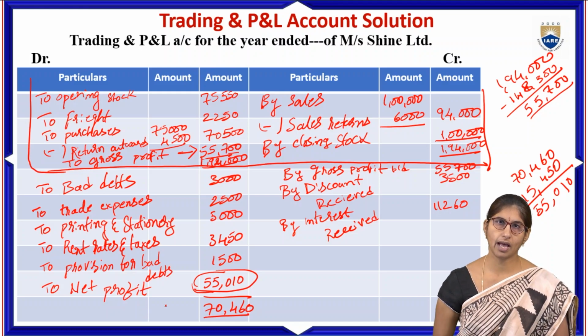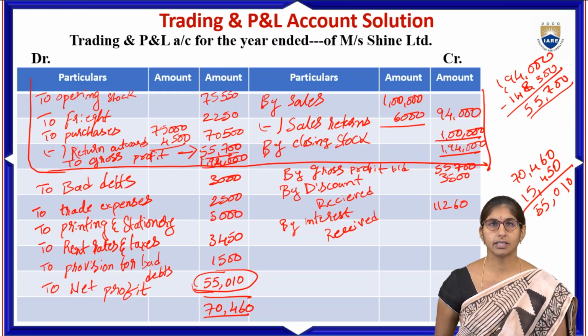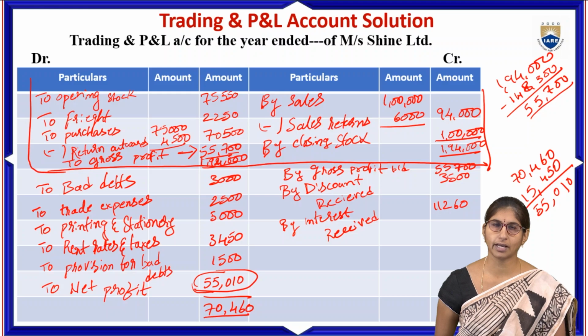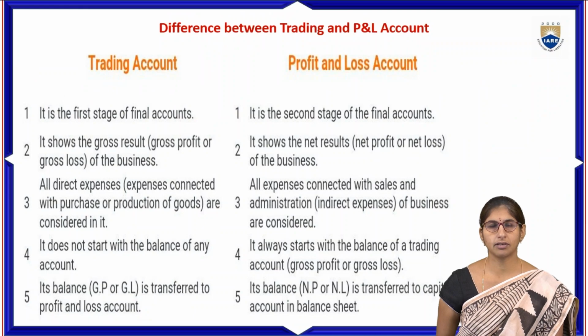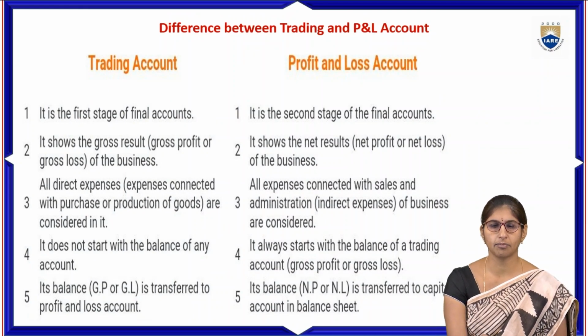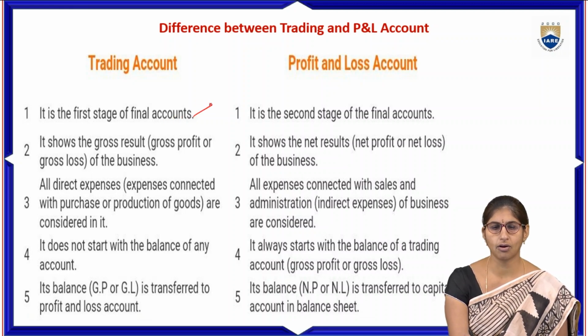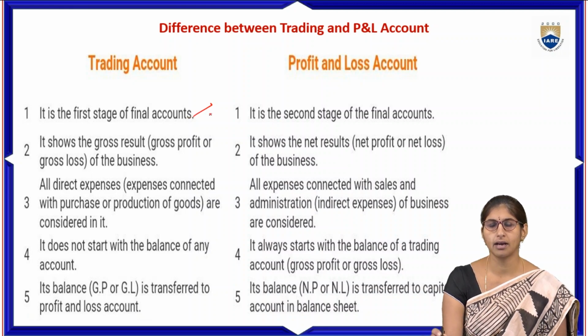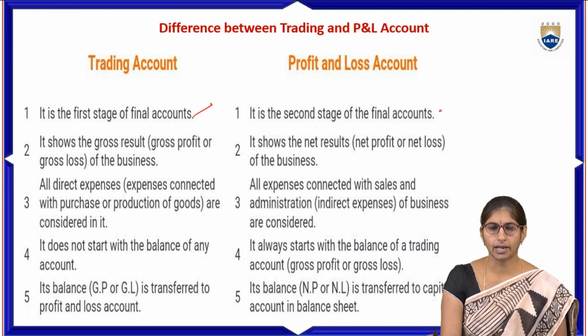So like this, we have to create trading and profit and loss account, and this net profit and gross profit is ascertained by doing trading and profit and loss account. Now going on with the difference between trading and profit and loss account, the major differences in the final accounts: in final accounts, first we prepare trading account, this is the first stage of final accounts, and profit and loss account is the second account in the final accounts.